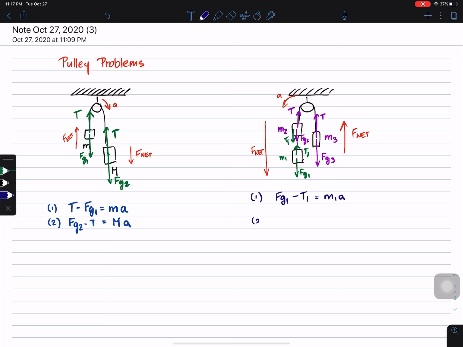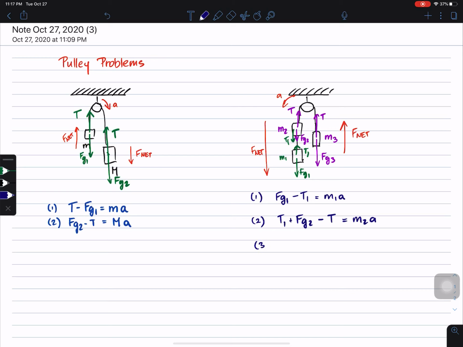For the second object, this is where it's a little bit tricky, because now I have two forces here, right? It's the gravity, but it's also this tension. So I'm going to say those two have to win. So T1 plus Fg2 minus what is opposing it, which is now that other tension, is equal to M2A.